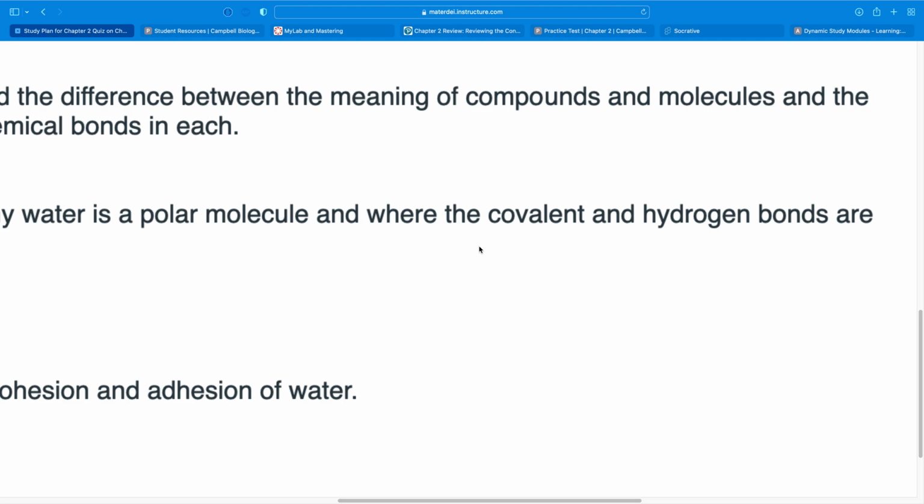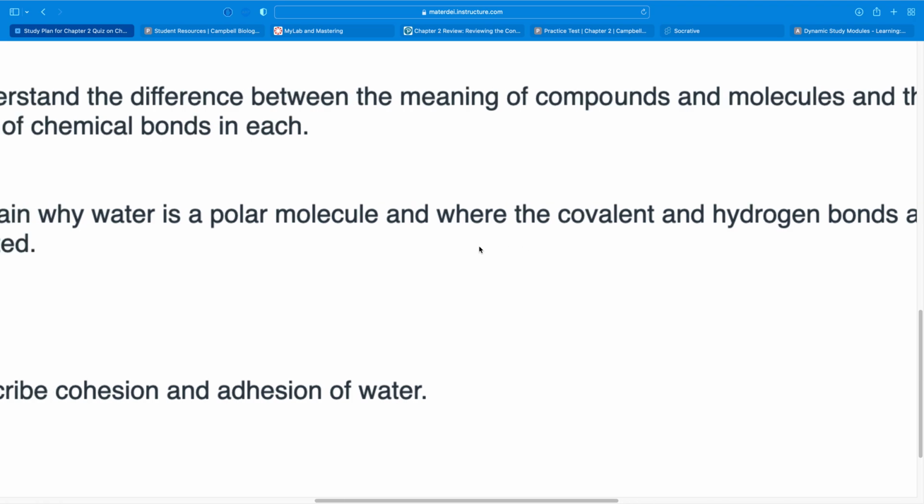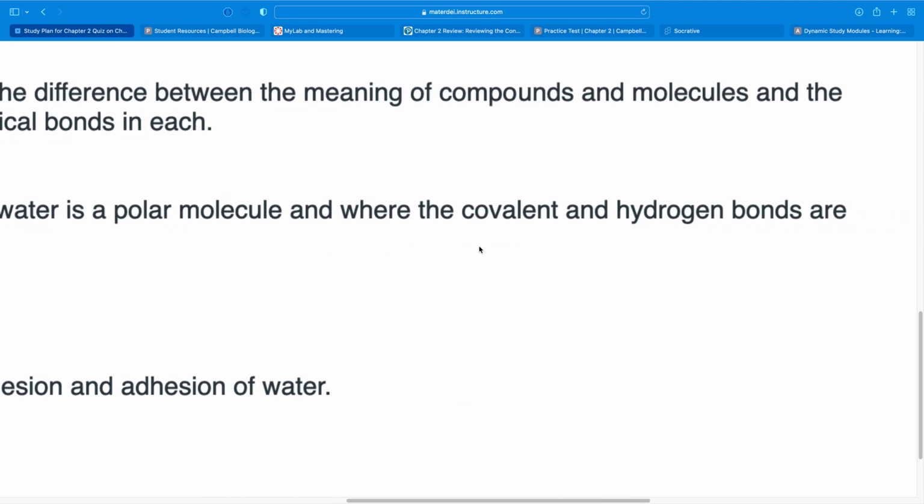When can we call it a molecule? These words are not interchangeable. So write this down for the answer for 4. A molecule is a covalently bonded compound. A molecule is when you have a covalent bond between atoms.